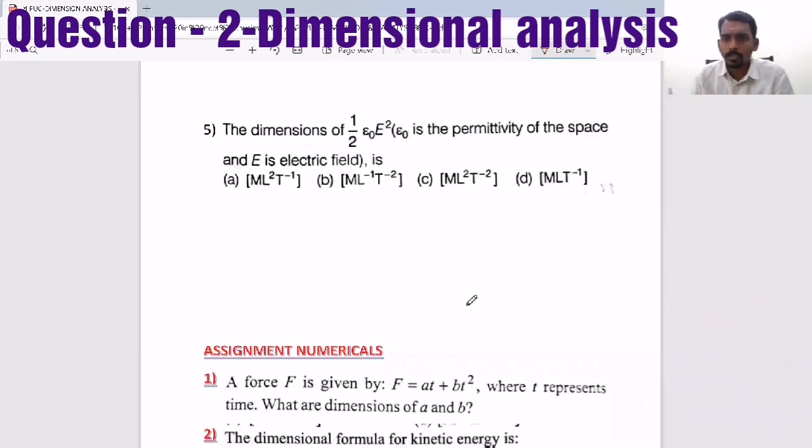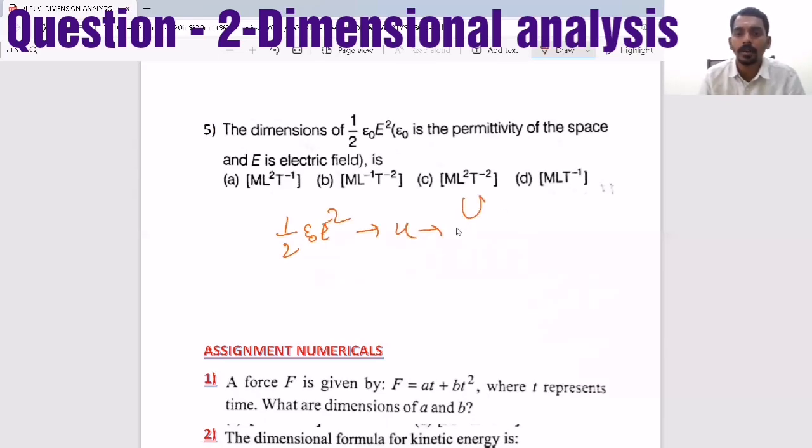Now sometimes they can ask a question randomly based on any formula. And I suggested already to remember all the formulas. Like here they have given the dimension of one quantity, half epsilon naught E square. And if you know all the formulas in entire class 11 and class 12, then half epsilon naught E square is energy density.